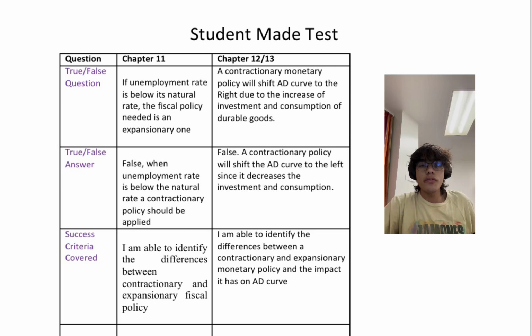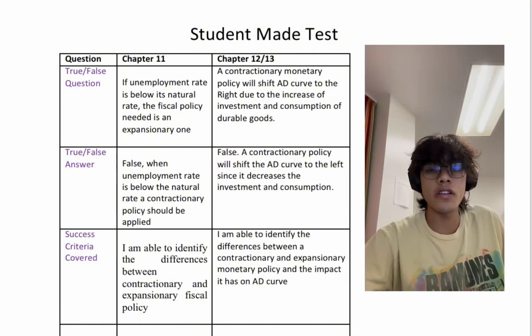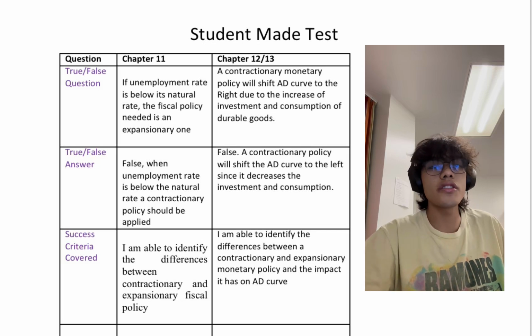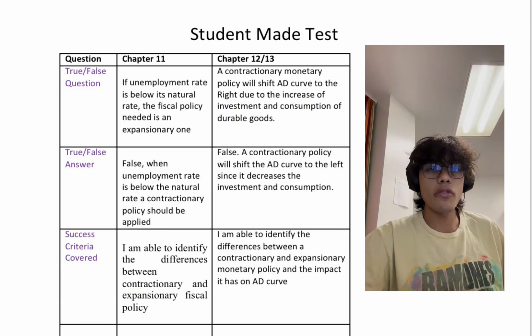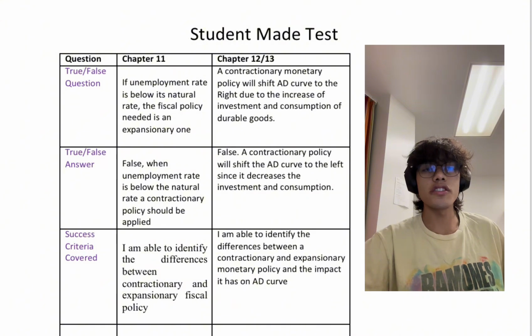First of all, I want to discuss the questions I wrote for the first three questions, which are from chapter 11. For the true or false question: if the unemployment rate is below its natural rate, the fiscal policy needed is an expansionary one.